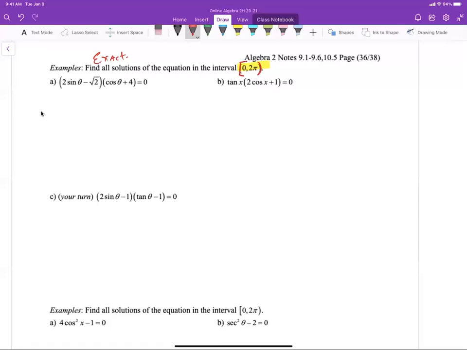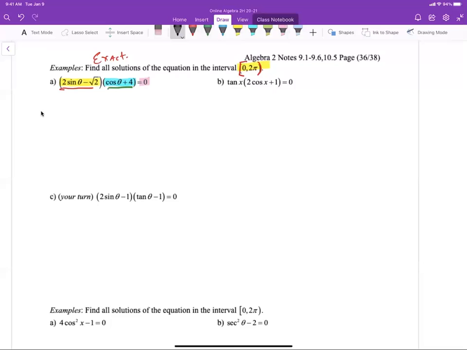All right, so here is my equation. I have 2 sine theta minus 2 square root of 2, times cosine theta plus 4, and those two multiplied together equal 0. So either this portion is equal to 0, or this portion is equal to 0.